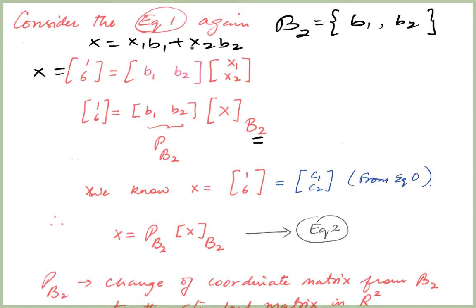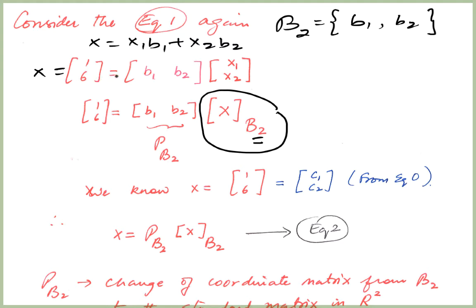When we write this vector equation as a matrix equation, this vector of x1 and x2 is nothing but the coordinate vector. So this is what we call the coordinate vector of x relative to the basis set B2. This is the terminology I'm applying.